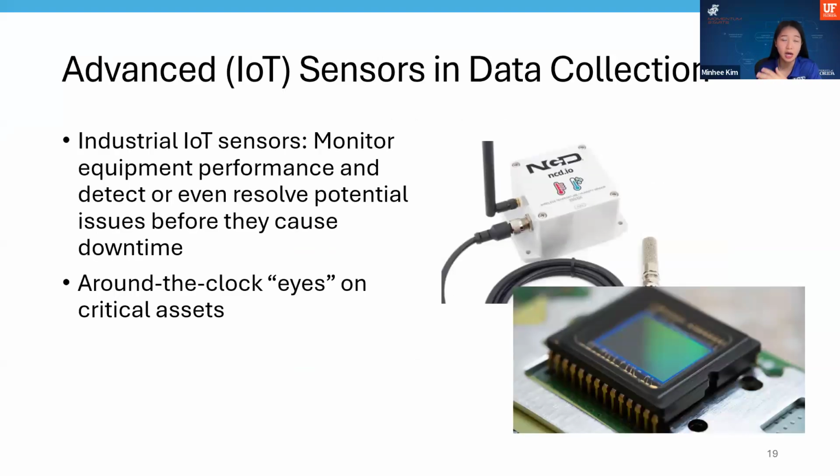And again, this $14 trillion is starting from these advanced sensors, which will allow us to collect the data. So these sensors will be our eyes and ears to continuously collect the data about machines, about environments, about operators, to allow us to proceed to the next step of data analytics and data-driven decision-making.